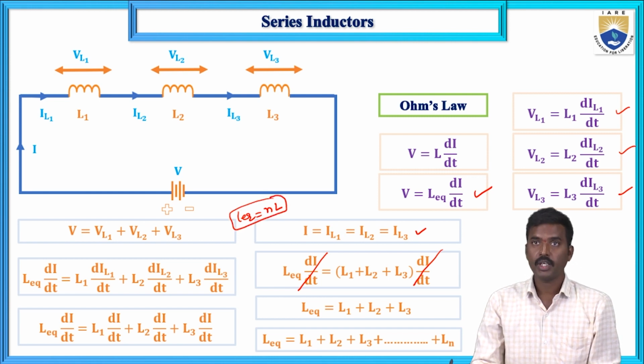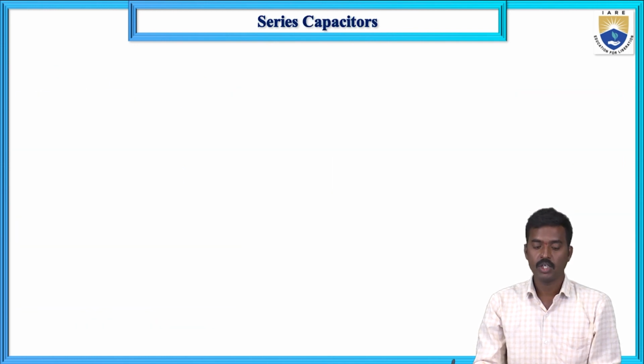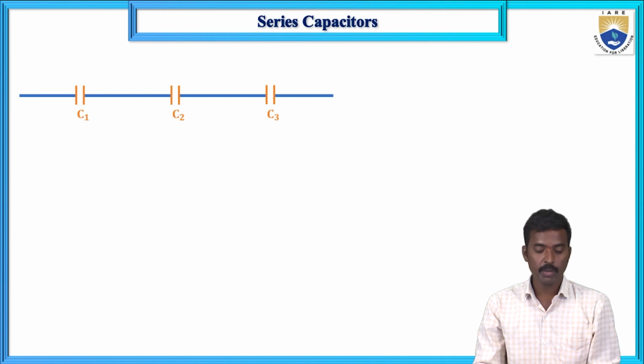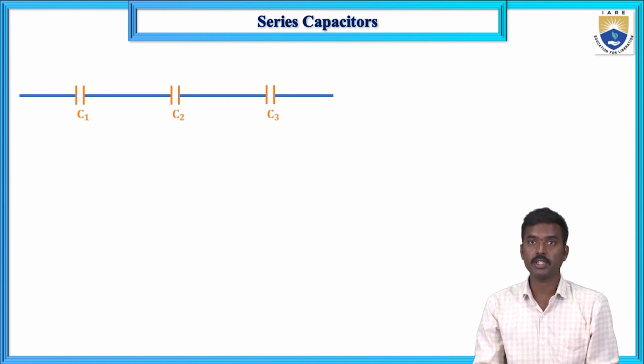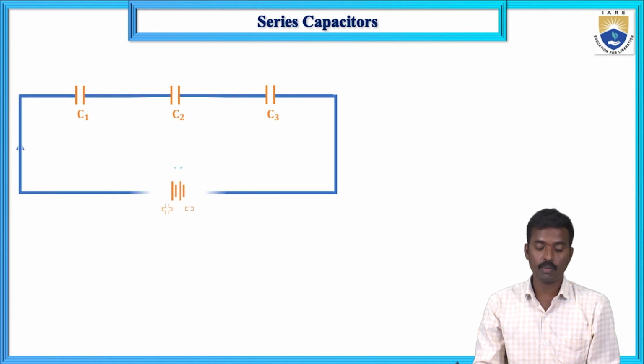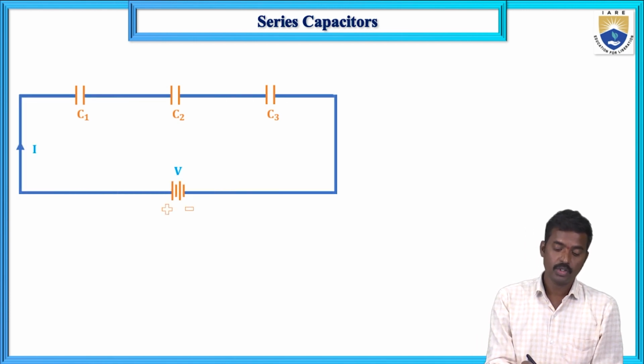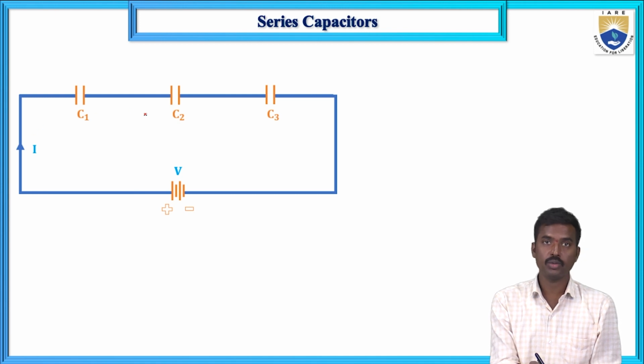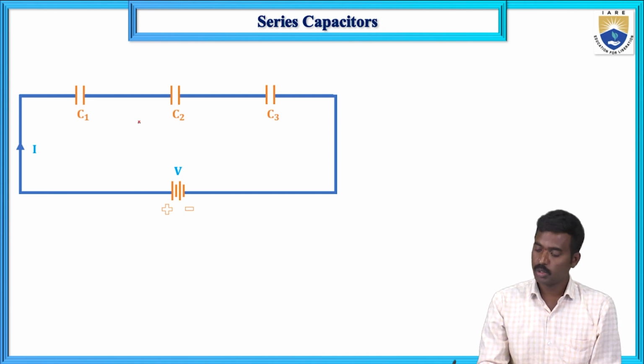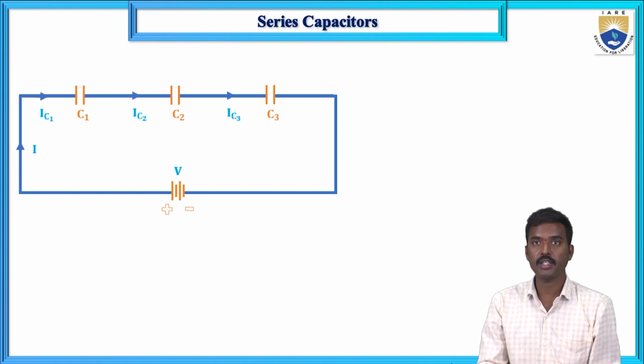Next, let us see the series capacitors. Three capacitors, C1, C2 and C3, are connected in series. The whole circuit is connected across supply voltage V. The total current drawn by the circuit is I, and each capacitor carries current: IC1 is the C1 current, IC2 is the C2 current, IC3 is the C3 current.